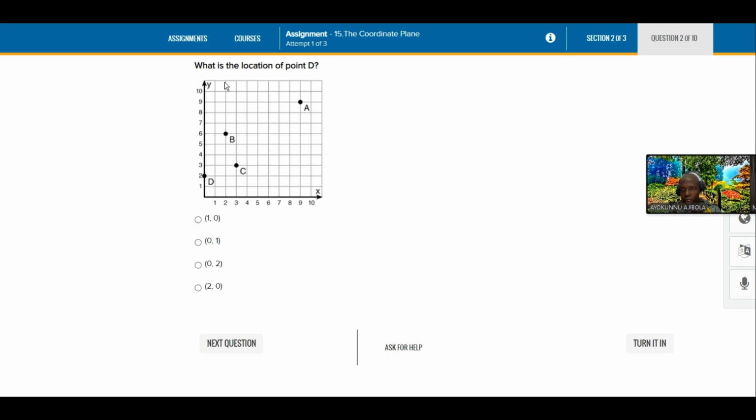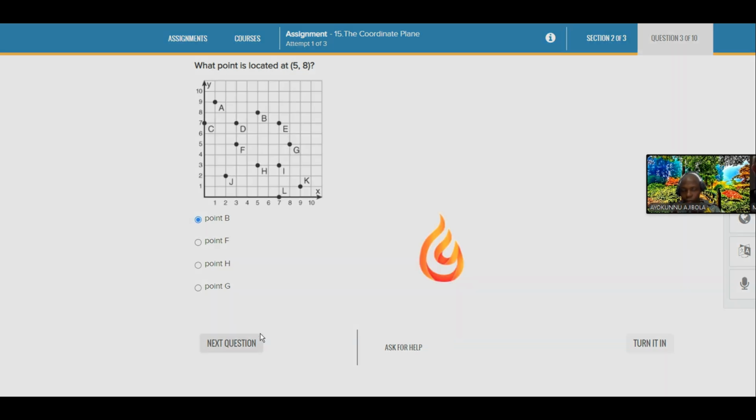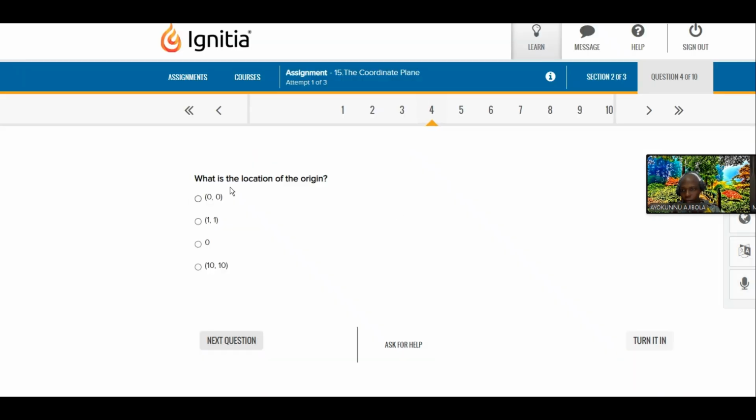So what is the location of point D? D is on 0, comma 2, okay? Which point is 5, comma 8? On 5, then 8. That's B. Are you seeing this? The origin is 0, comma 0.